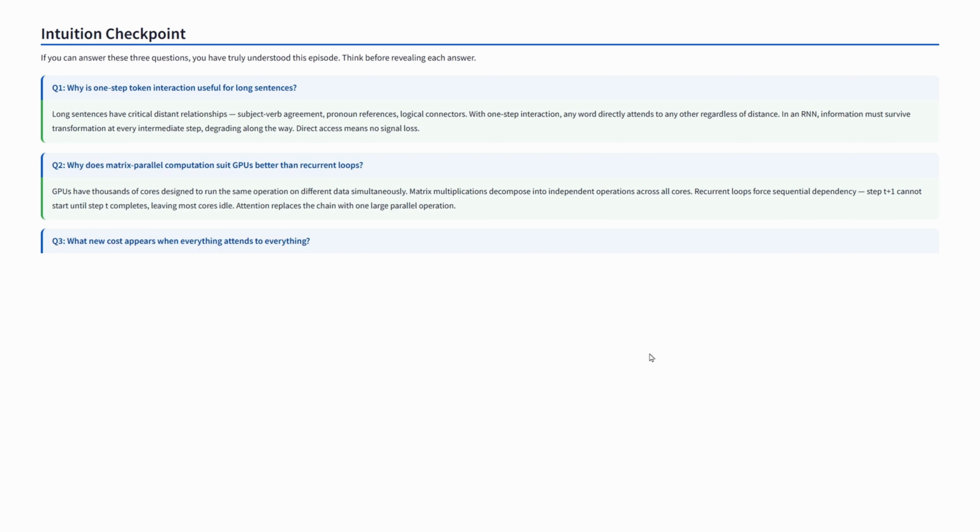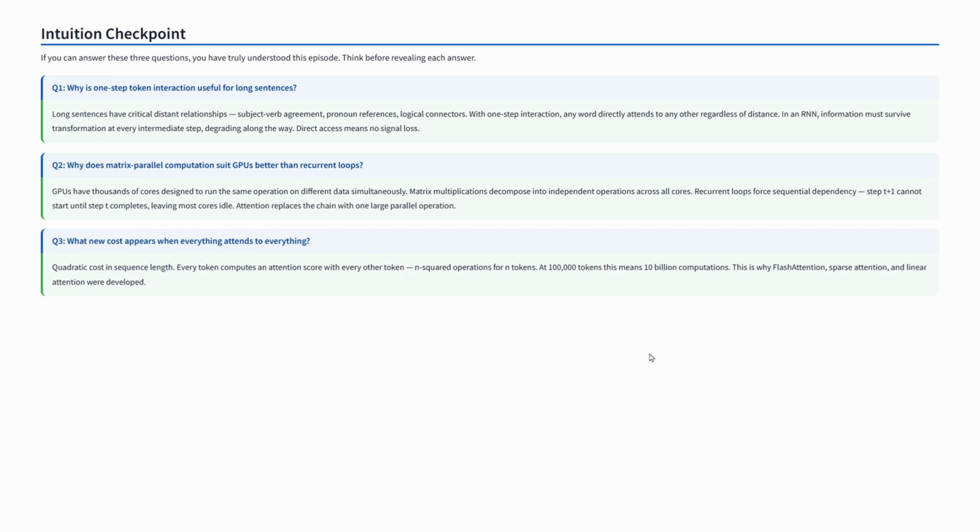Okay, the last one. What new cost appears when everything attends to everything? Quadratic cost in sequence length. Every token computes an attention score with every other token. For n tokens, that's n squared computations.